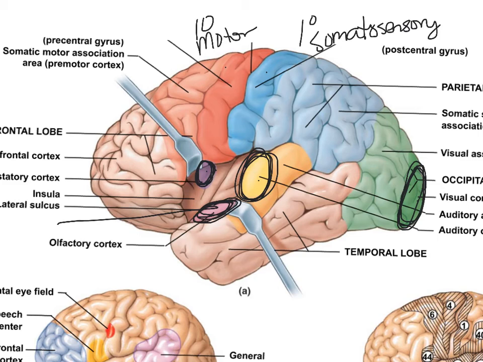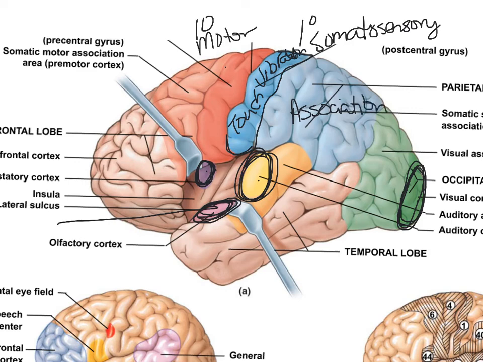They're found right next to these special cortex areas. Again, this is our primary somatosensory cortex, where all of your general senses come up: touch, vibration, pain. And then the association area is right next to it. So this is the association area.